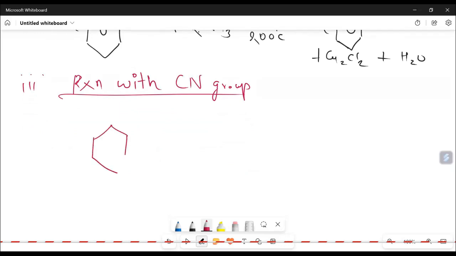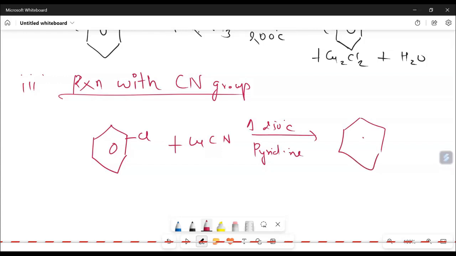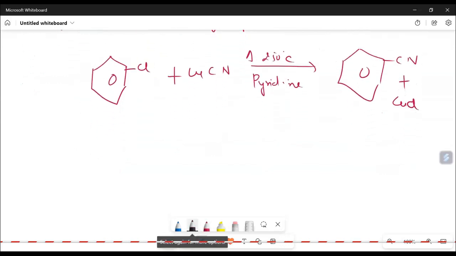Chlorobenzene reacts with CuCN by heating at 250 degrees Celsius, in the presence of pyridine or DMF. It is substituted and forms CN, okay, CuCl.